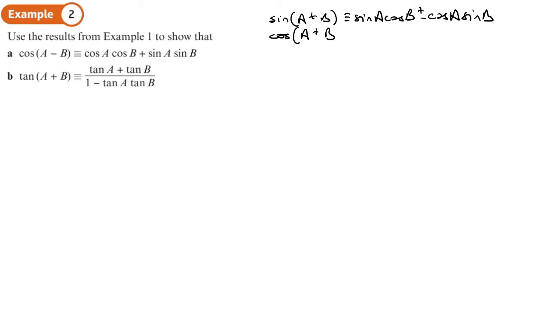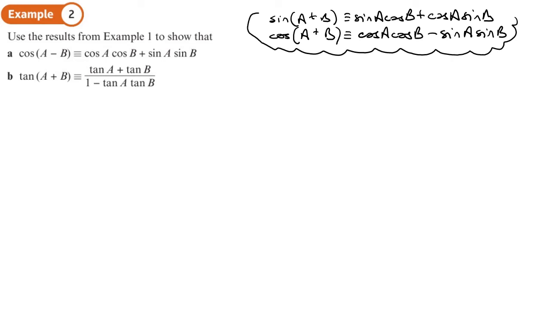So we're just using the plus. So let's take that out. Let's assume we don't know what the minus is, but that's all we know. That's what we've proved from the last one. So cos A cos B minus sine A sine B. Let's assume that's all we know from that example 1 where we proved these and we don't know anything about the negative, and we're going to see if we can prove those.